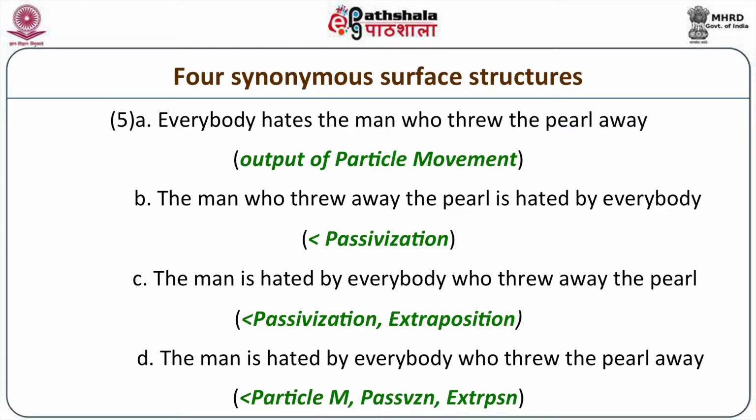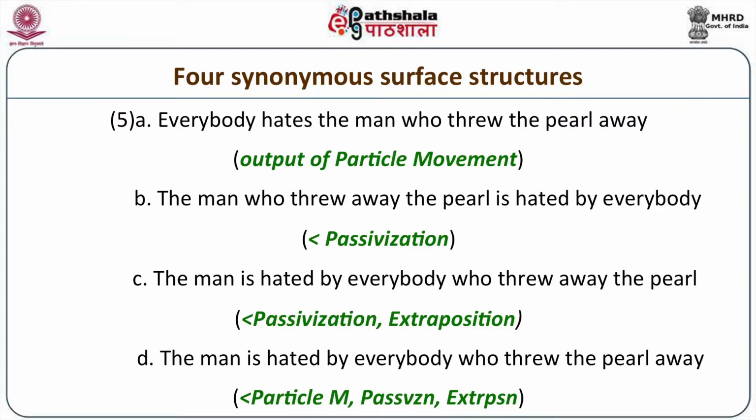The man is hated by everybody who threw away the pearl. These 4 sentences are all allosentences of the same sentence-eme because they express the same meaning. How do they differ? Transformational grammar tells you exactly how they differ. They are derived from the same sentence-eme.